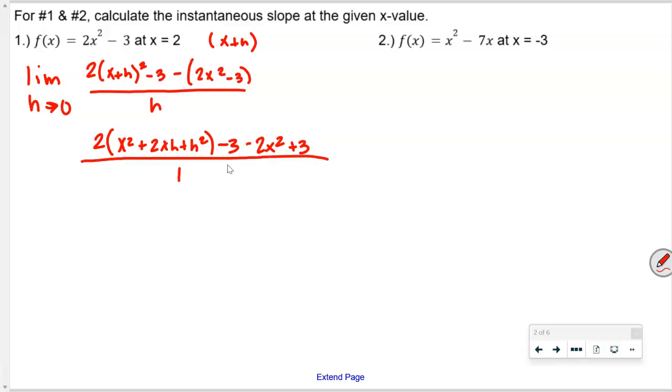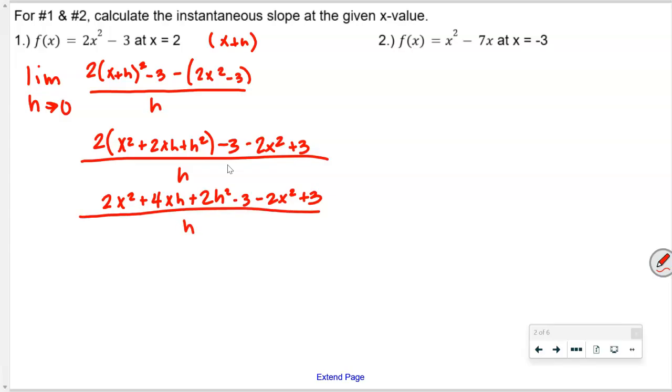All still over our h. Now we're going to multiply everything that's in those parentheses by our 2. So this is going to be 2x squared plus 4xh plus 2h squared minus our 3 minus our 2x squared plus our 3, all over h again here.